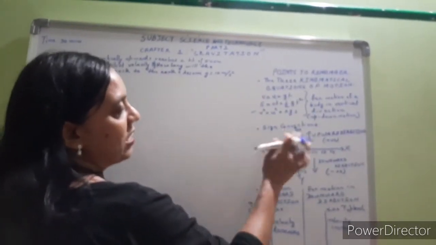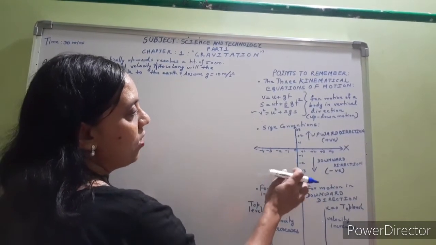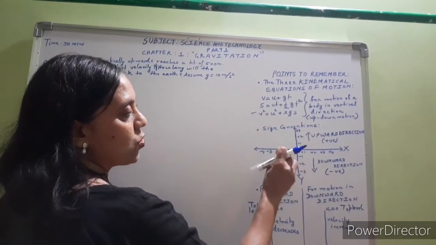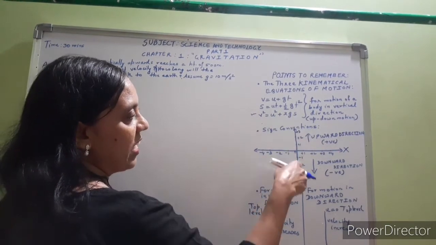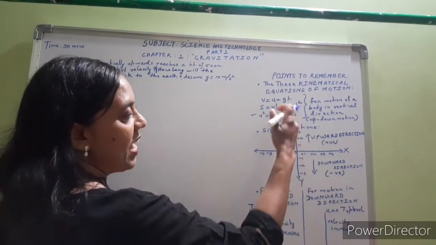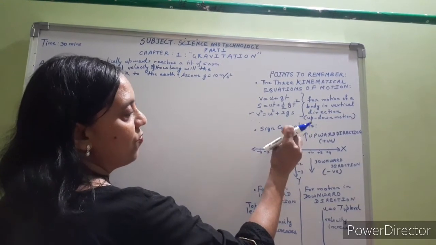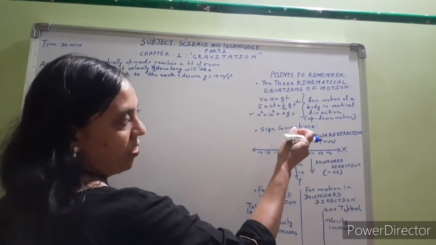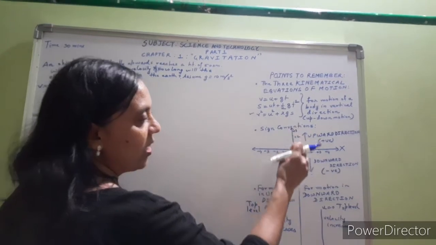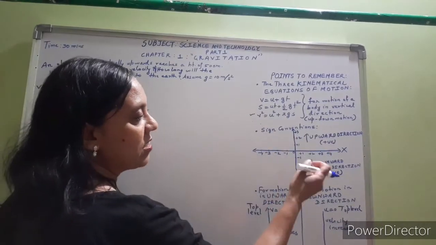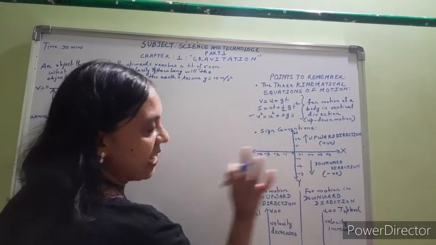Then sign conventions. Again I will discuss only for motion in vertical direction, that is along the y-axis. If the body is going in the upward direction, all the vectors will be assigned positive sign, and if the body is going in the downward direction, all the vectors will be assigned negative sign.